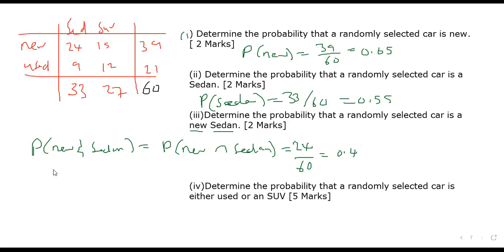Then lastly, determine the probability that the randomly selected car is either used or SUV. What are they asking for?